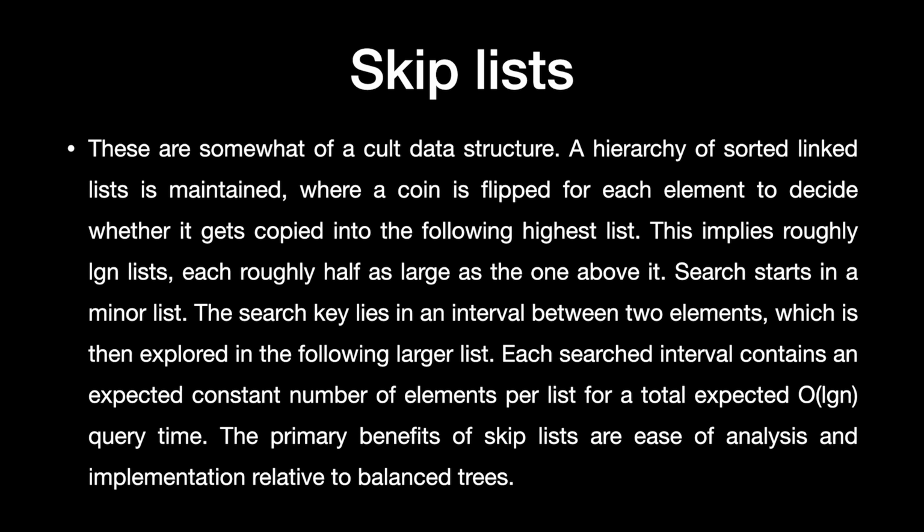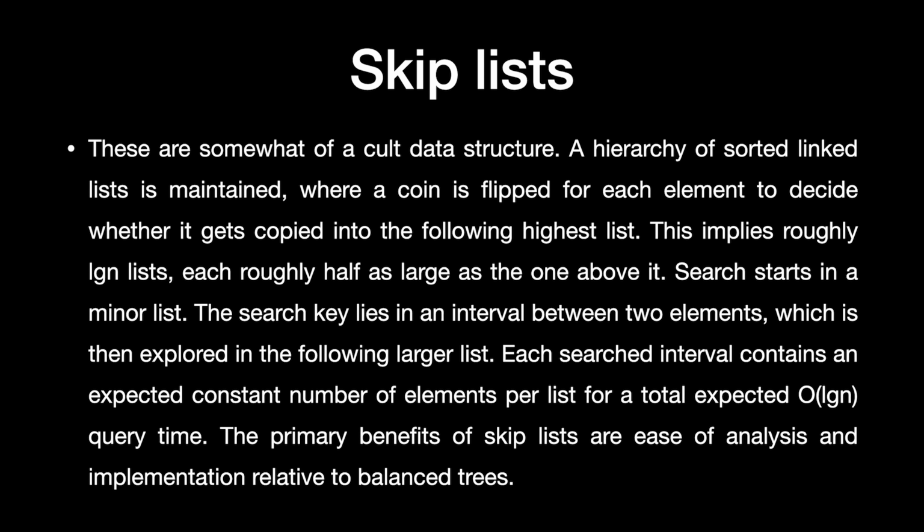Skip lists. These are somewhat of a cold data structure. A hierarchy of sorted linked lists is maintained, where a coin is flipped for each element to decide whether it gets copied into the next highest list. This implies roughly log n lists, each roughly half as large as the one below it. Search starts in the smallest list.